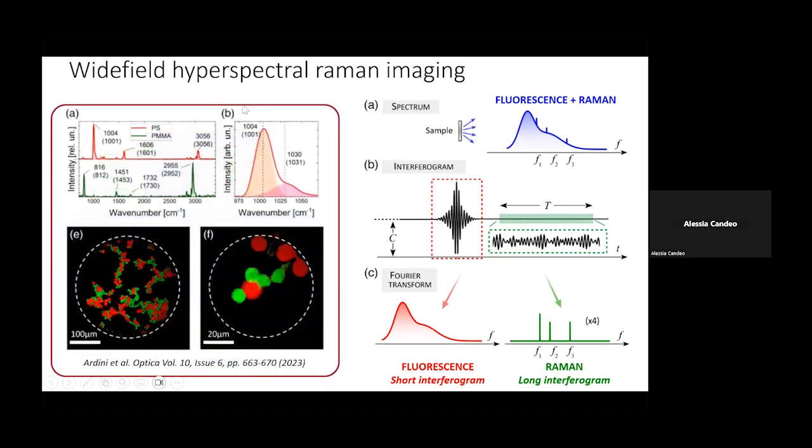With this system, it was possible to discriminate, for example, between polystyrene and PMMA beads very easily, and we could retrieve both the fluorescence and the Raman spectra.